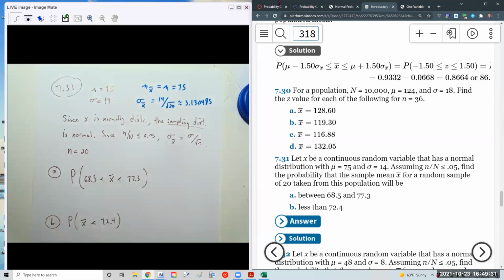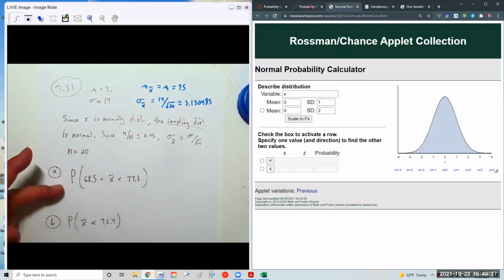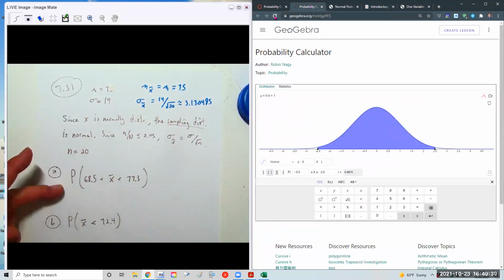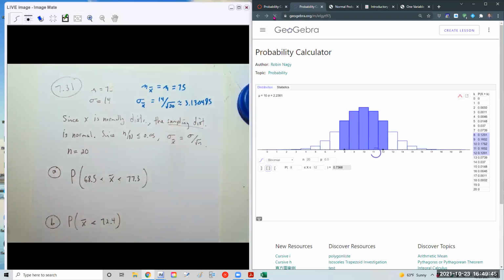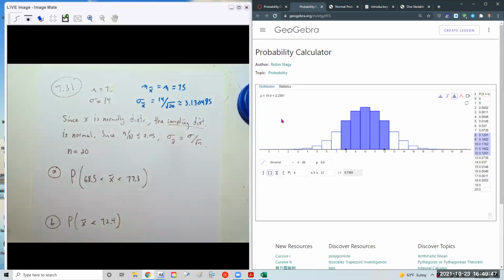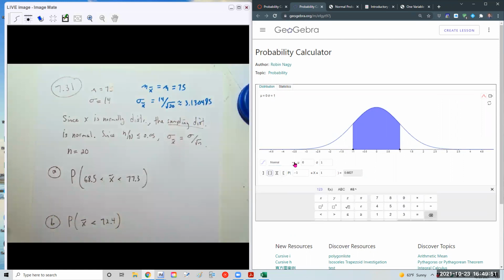All right, so to answer question A, it's going to be easy. Let's go over to this probability calculator, the one that handles the between ones very well. Let me restart it. Change this to a normal, and we're going to locate the sampling distribution.